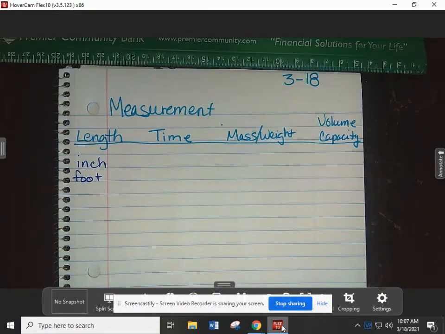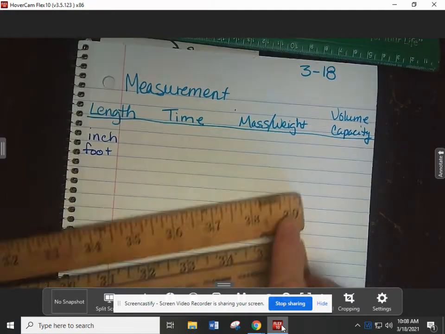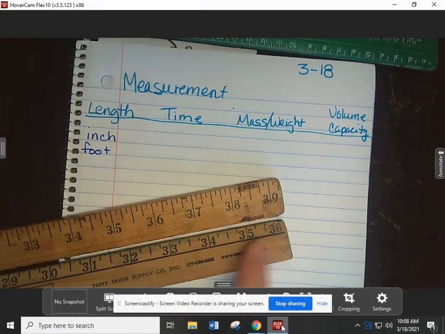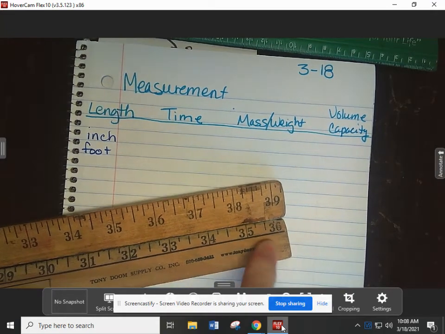12. Okay, Jacob. Jacob was telling me that one of these is a yardstick. Which one of these is the yardstick? The shorter one. Okay, Millie says it's the shorter one. Because if we look at the final length, this one is 39, this one is 36. Why is the one that's 36 the yardstick?